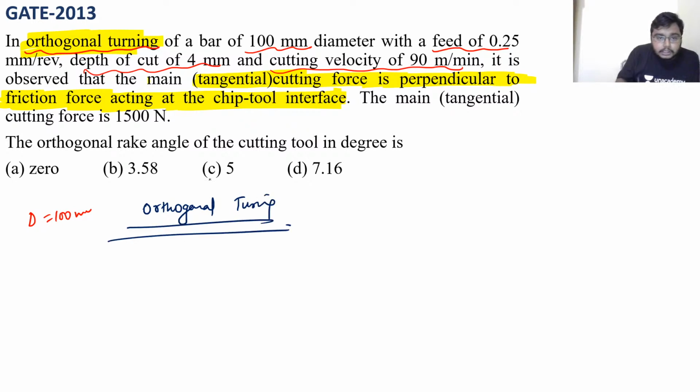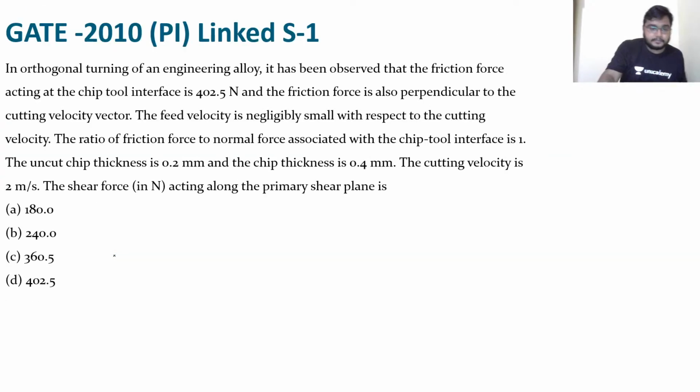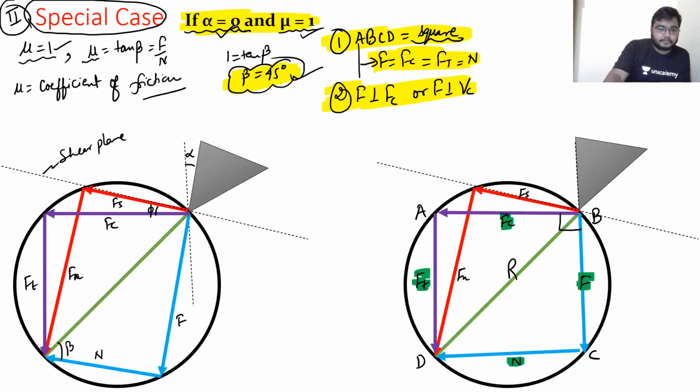In this orthogonal turning, the tangential cutting force is perpendicular to the friction force, that is, Fc is perpendicular to F. Now see here, Fc is perpendicular to F, then alpha is equal to 0.